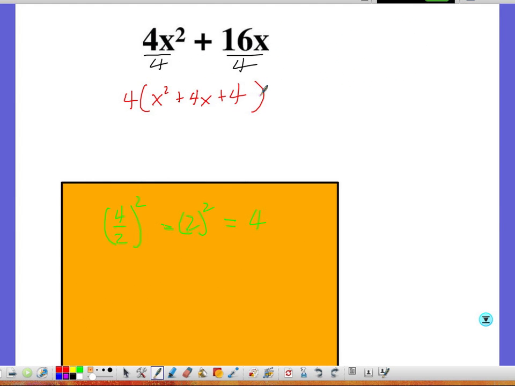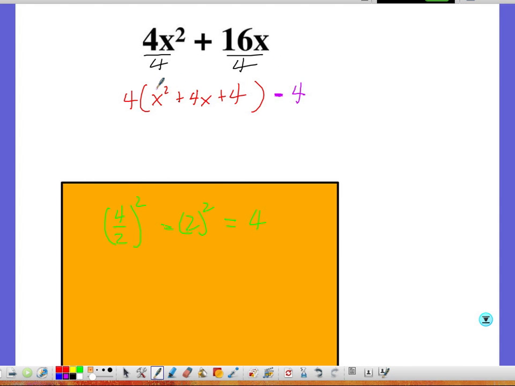But because I took out a 4 here, I divided by 4, I put the 4 outside the parentheses, and then I added 4 inside of the parentheses. Because I added 4 inside of the parentheses, what that means is that I have to subtract 4, do the opposite, outside of the parentheses. I added 4 here, so that means I have to subtract 4 outside of the parentheses.